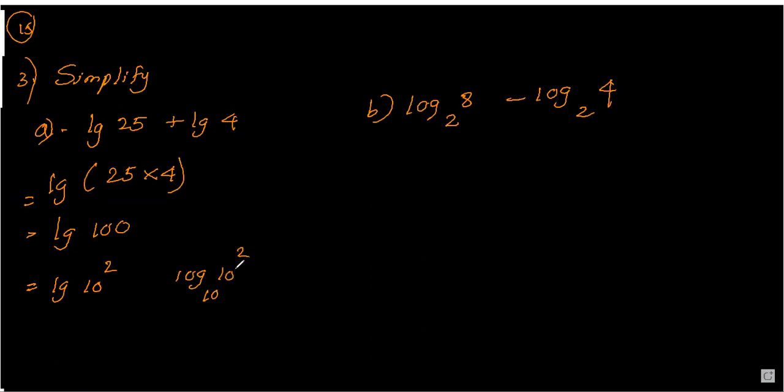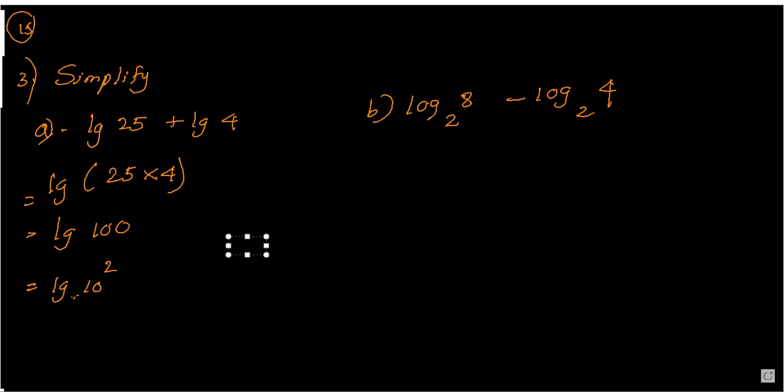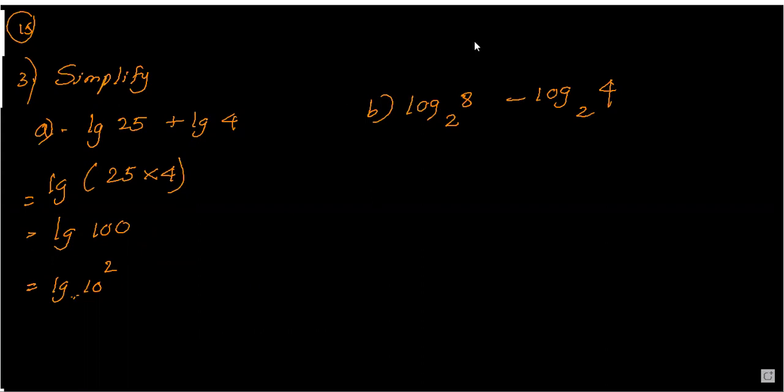We have learned previously what that is: the logarithm of the base value itself is 1. So you can write here that it equals 1. So 1 into 2, the answer is 2.